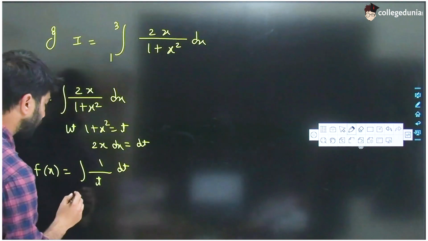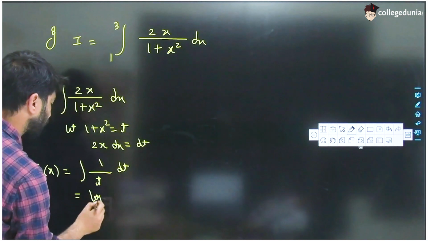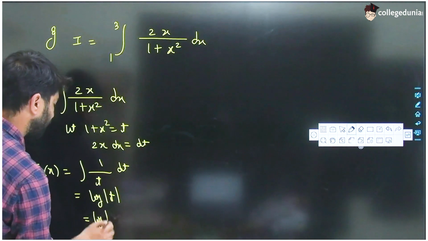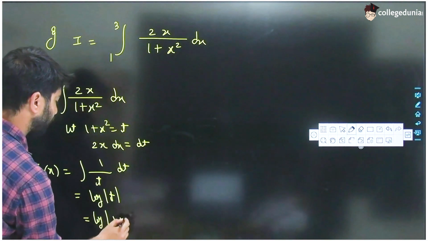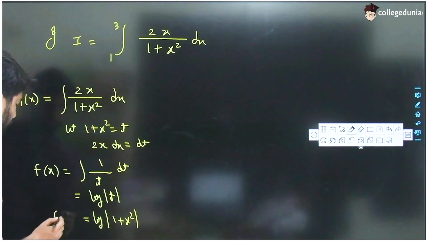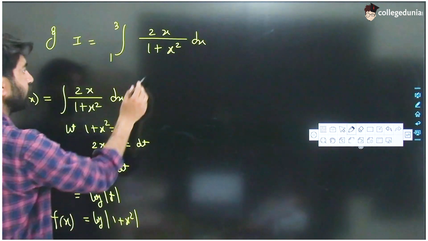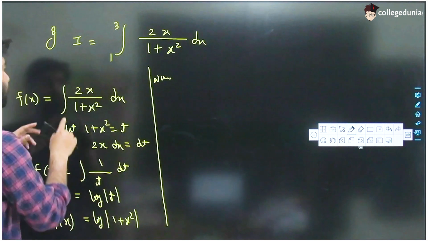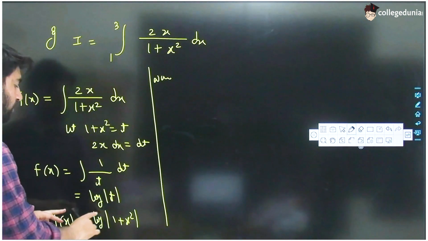Okay, so now integration of 1 upon t is log t, and the value of t again 1 plus x square. So this is the value of fx. Guys, the integration of 2x upon 1 plus x square is log 1 plus x square.